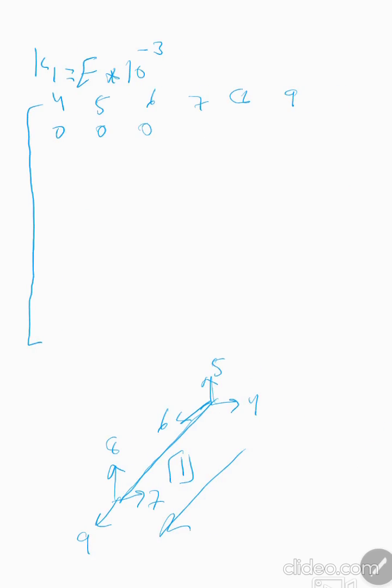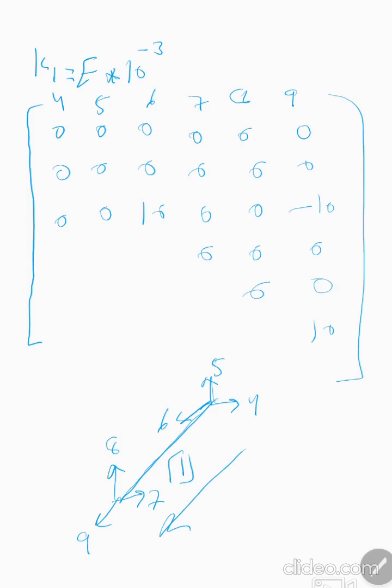So here 0, 0, 0, 0, then 0, 0, 0, 0, 0, 10, 0, 0, minus 10. To make it fast, 0, 0, 0, 0, and here 10. Same way, this is 4, 5, 6, 7, 8, and 9. Then in the same way you can calculate for member number 2.